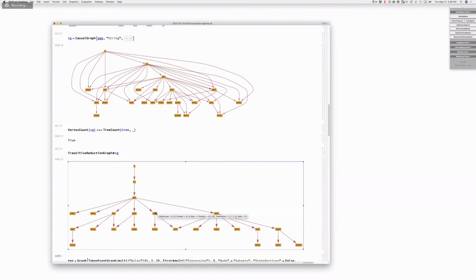I think if you just have a multiway system, it doesn't make sense to connect two events from independent paths, even though they maybe involve the same atoms of space, because they're completely parallel, right? So they shouldn't be connected.